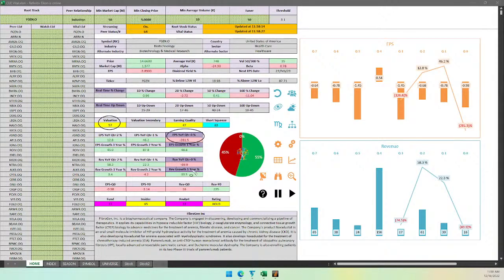So fundamentally it is not strong enough to buy. However, I also notice that it is a biotech. In case of biotech, I am willing to buy ignoring the fundamentals, because many of the biotechs don't have strong fundamentals, especially smaller price, smaller cap biotechs.